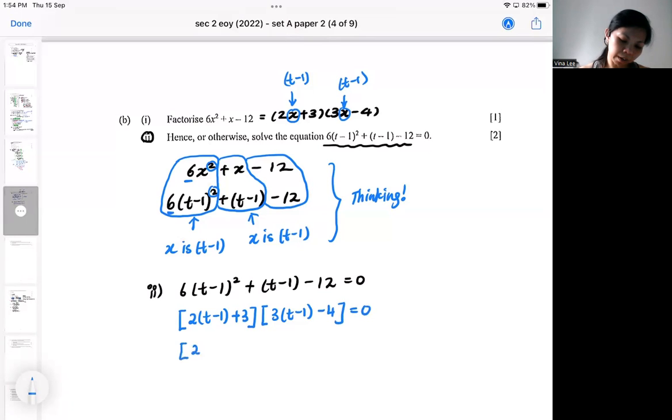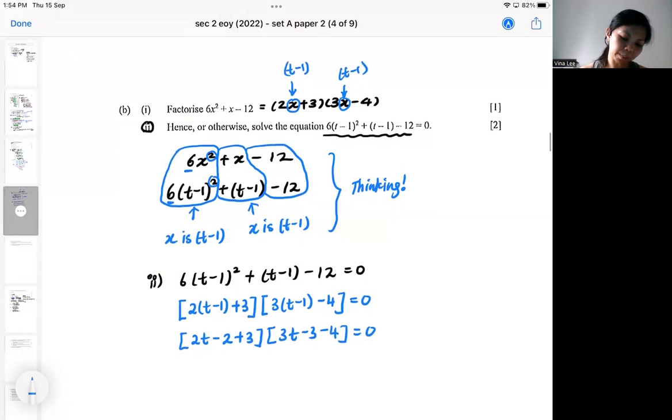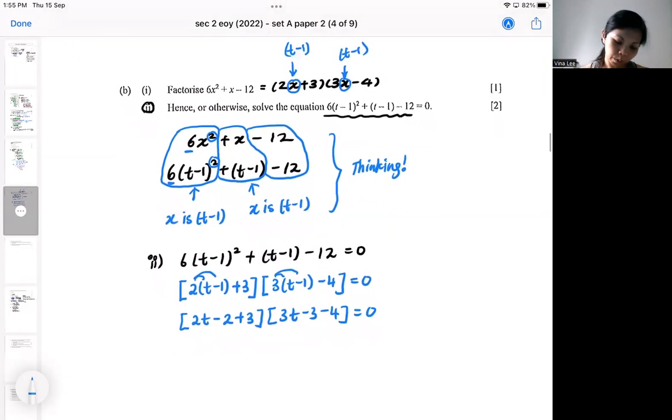So simplify each of the brackets. You do your expansion, you simplify each of the square brackets. You will get 2t plus 1. You will get 3t minus 7.